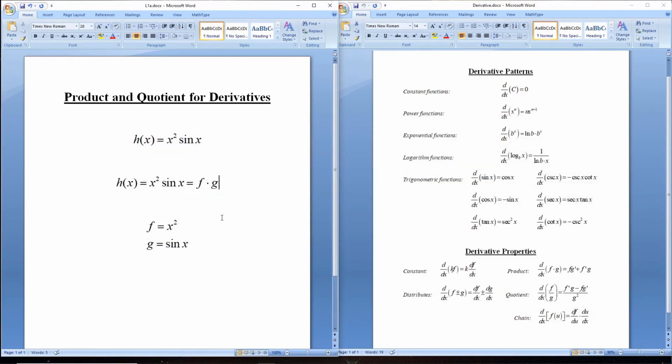And this is our first step for product and quotient, actually, to look at the functions you have and identify what pattern they are. Is it a constant, power, exponential, log, trig? And then we're going to break that apart into an f and g, or whatever letters you like, but the book does like to use f and g's.